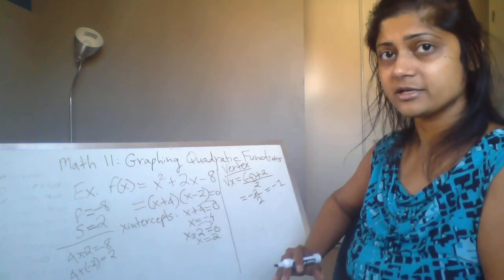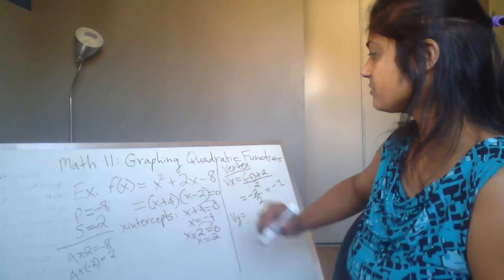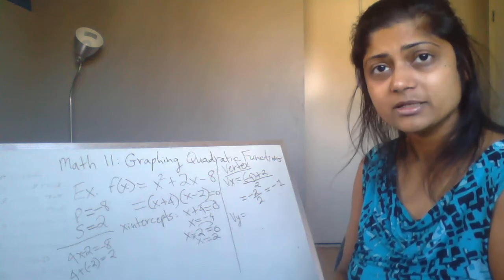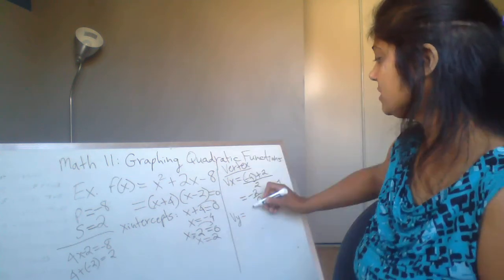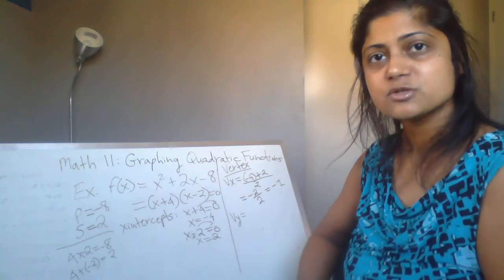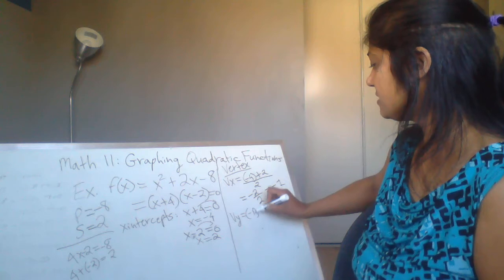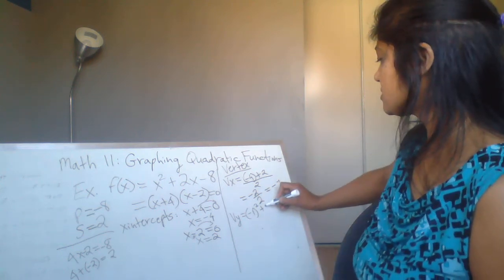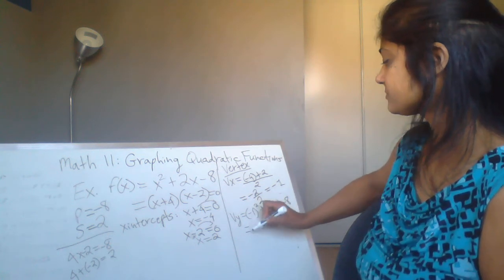But I'm not done there. I have to find the y point of the vertex, so I'm going to write Vy here. I'm going to take my negative 1 and plug it back into the original equation, which is x squared plus 2x minus 8. So I'm going to put negative 1 squared, plus 2 times negative 1, minus 8.